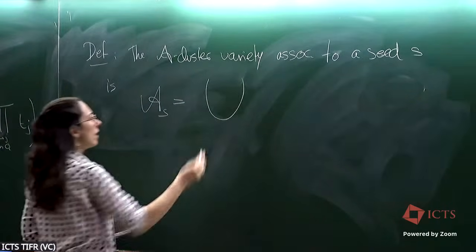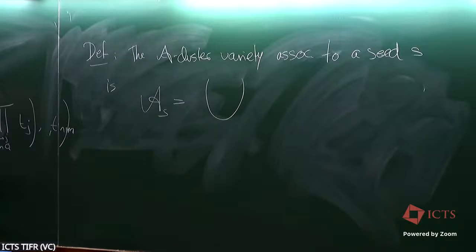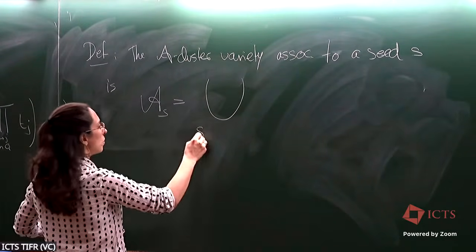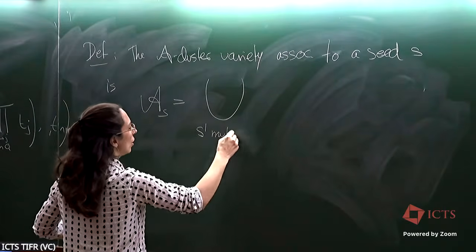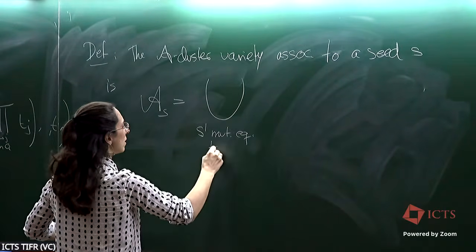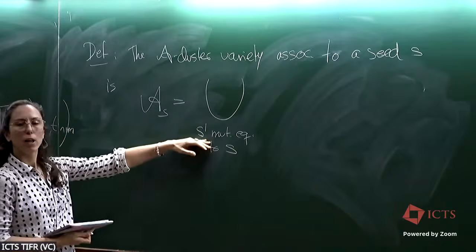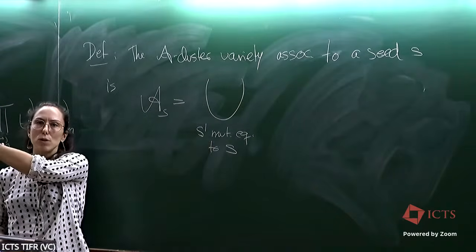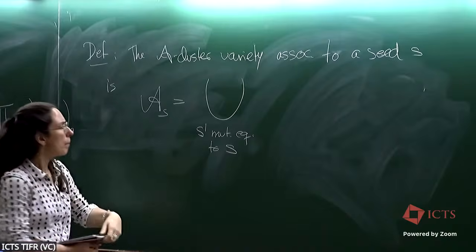So what do I do here? Well, I run over all the possible seeds I get from my seed S. So I take S prime, mutation equivalent to S. And for every such seed S prime, I have a torus, C star to the n plus m with its coordinates.